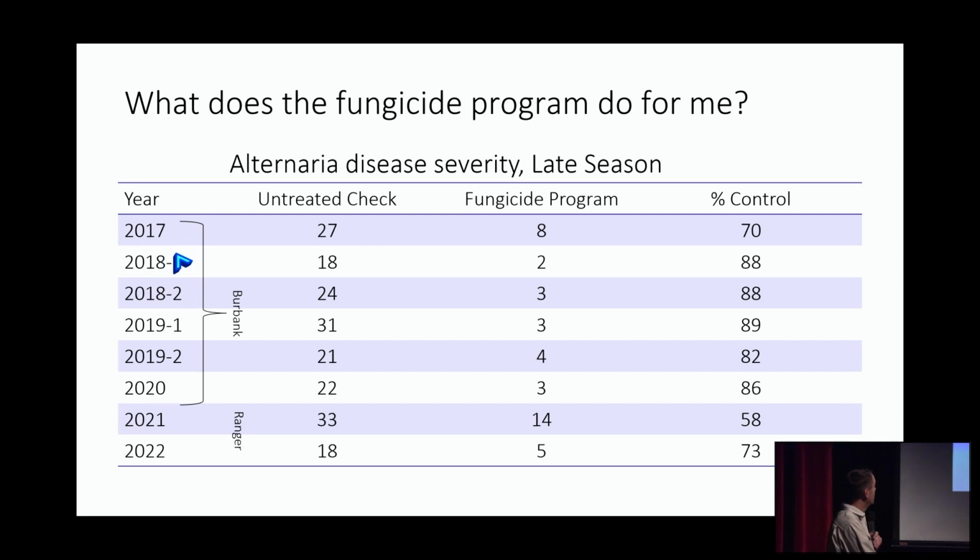You also notice here, year 1 and 2, we had 2 trials in 2018 with the same standard. The percent control was similar. 2019, same thing. Maybe a little better control in this one than in the first trial and the second trial.